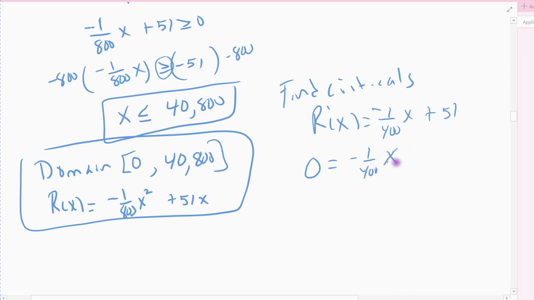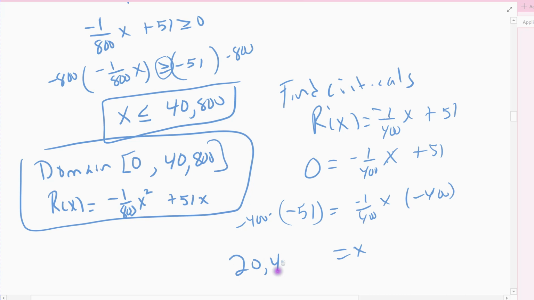And then key step, make sure you always show that. Move my 51 to the other side, and then multiply by negative 400. So x is equal to whatever 400 times 51 is. 20,400. Right, that's the optimum value.